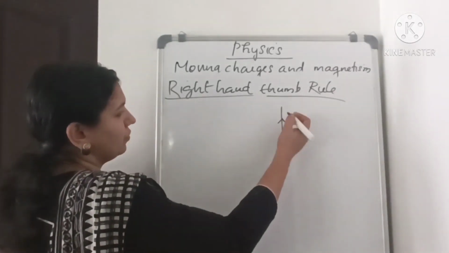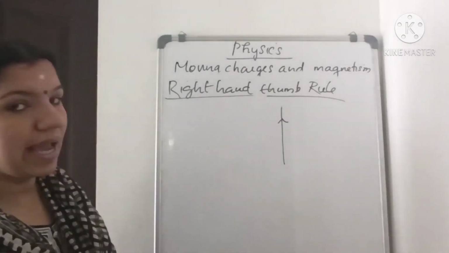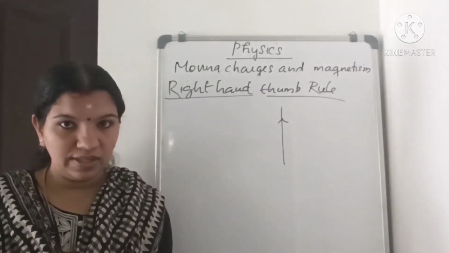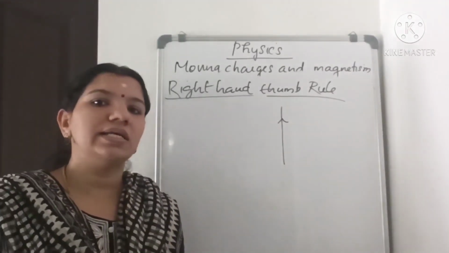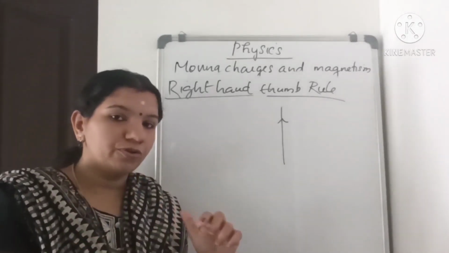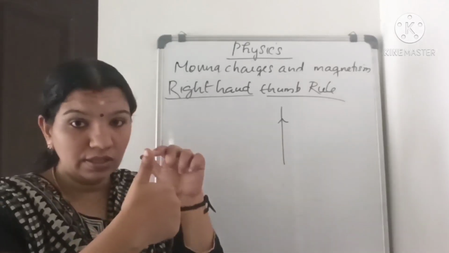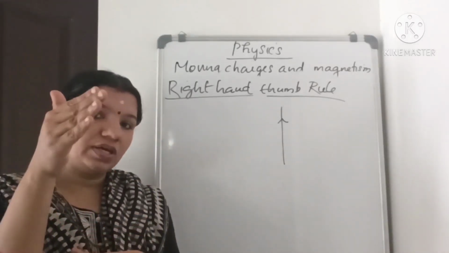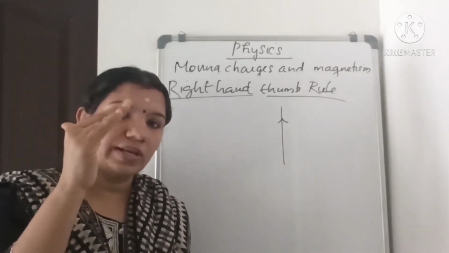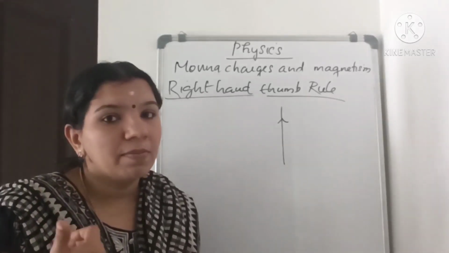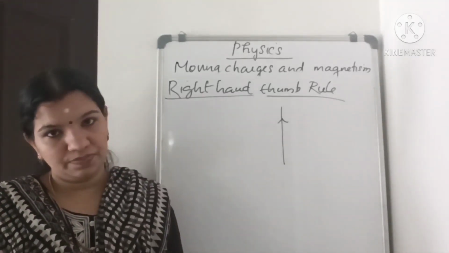If you are considering a straight current carrying conductor, assume that the direction of current is along the thumb of your right hand. Then the four curled fingers will give you the direction of magnetic field around it.